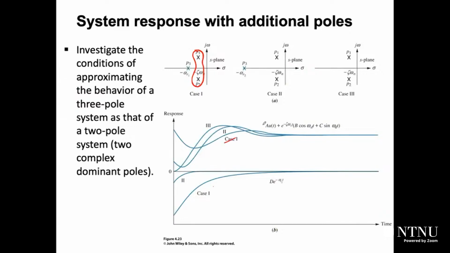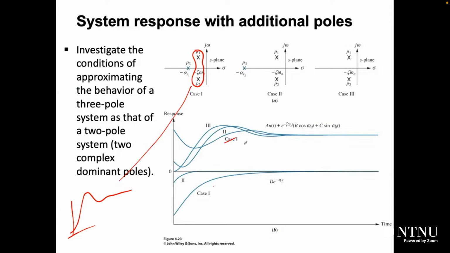So the response will be like this one. If you add an additional pole, maybe the response will be like this one. If this additional pole is very far away from the j omega axis, maybe the response will be like the second case.